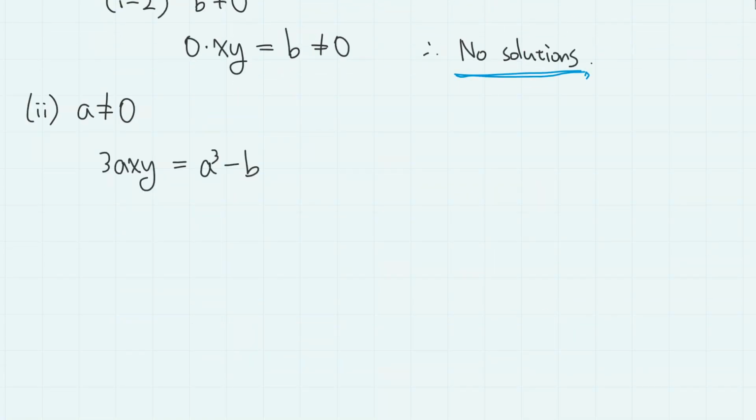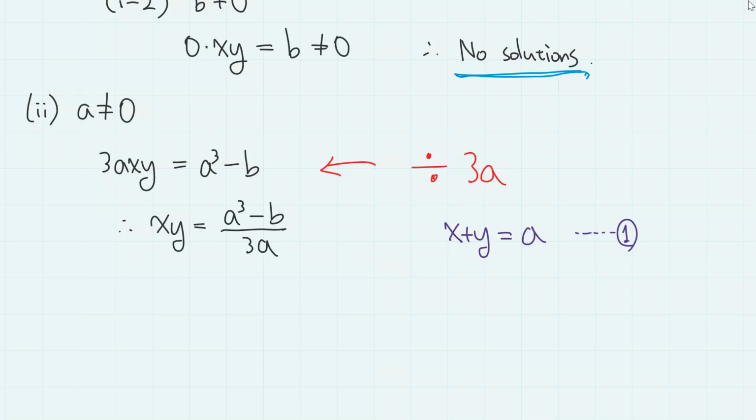If a is non-zero, then from this previous result, now we can divide both sides by 3a, so we have xy equals (a cubed minus b) over 3a. So now we have the sum x plus y and the product xy.